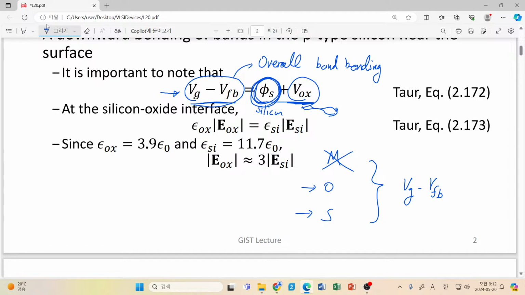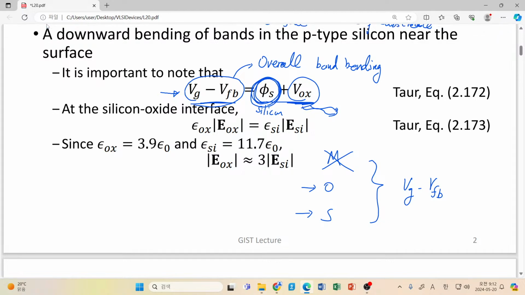Then we can make a simple expression for surface potential. So in the modeling of a MOS capacitor, it is critically important: what is the surface potential? How can we express our surface potential using other quantities? Here, what is the other quantity?